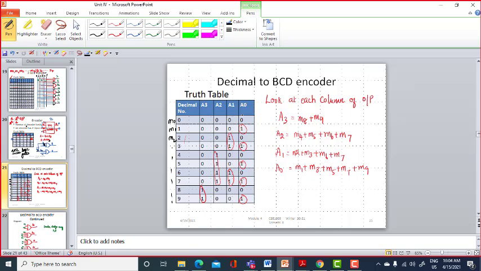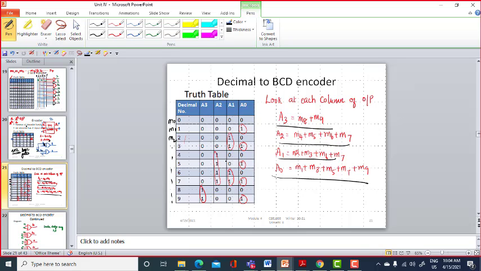So 4 output combinations, A0, A1, A2, A3. If I write your output, how will you write? A3 bit, these two are 1. So M8, M9, I will write the logic function as this. A2 is this, A1 is this, and A0 is this by looking at the inputs and the outputs.